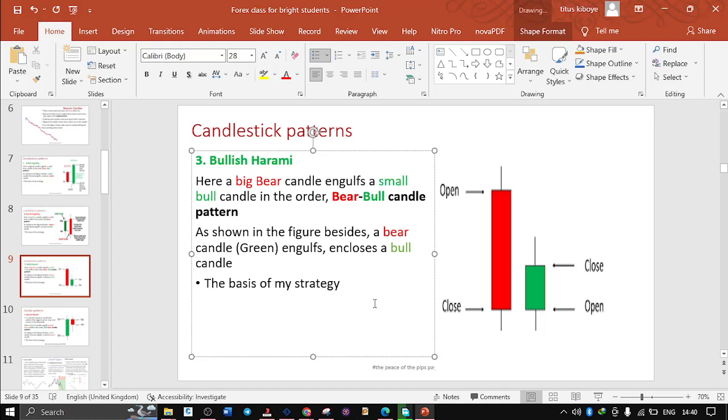Have you understood this pattern? A bullish harami: a bear candle engulfs a bull candle.